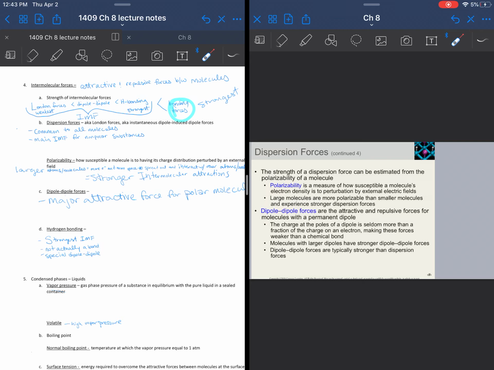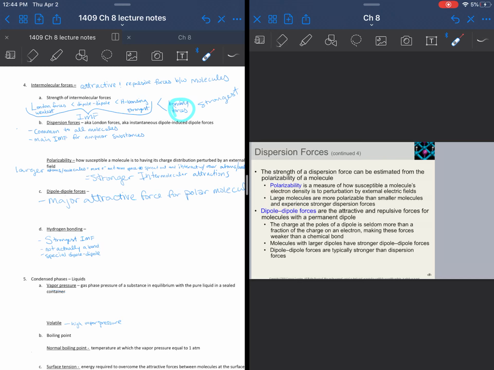Polarizability is pretty much a measure of how much a dipole could actually occur. And that is going to be directly related to size. The larger an atom, the larger a molecule, the more electrons you have, and the more space you have for them to spread out.